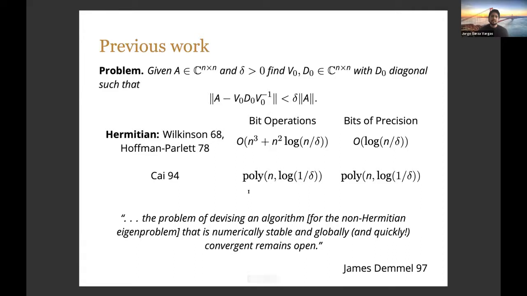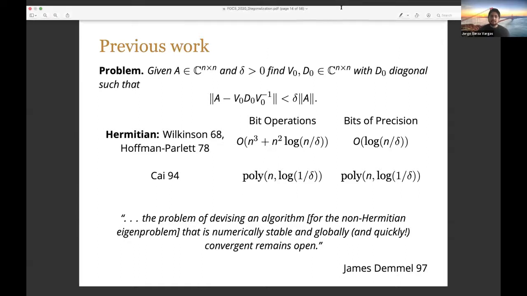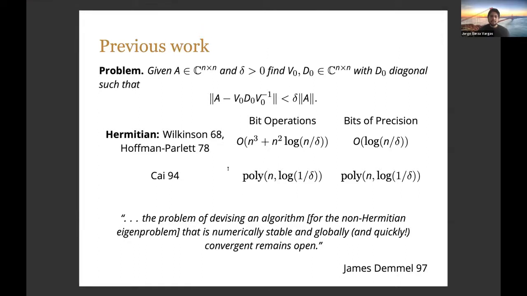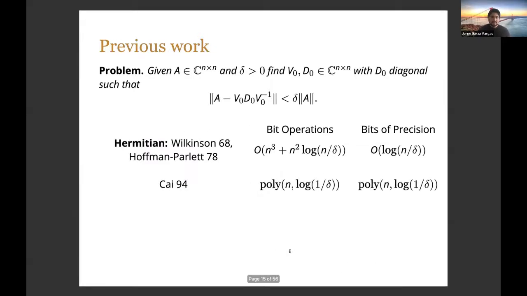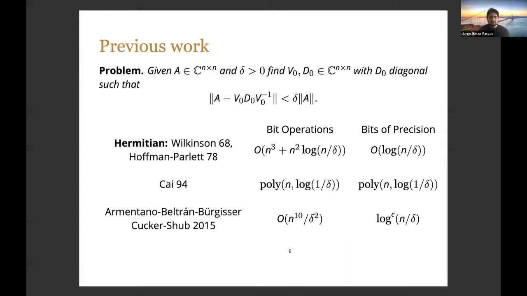Actually, in '97, Demmel wrote in one of his books: the problem of devising an algorithm for the non-Hermitian eigenproblem that is numerically stable and globally and quickly convergent remains open. One can argue that this problem was solved in 2015 by Armentano et al.